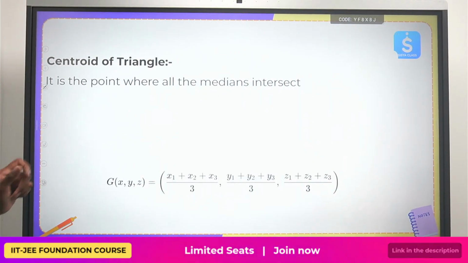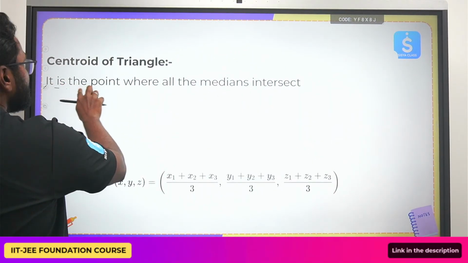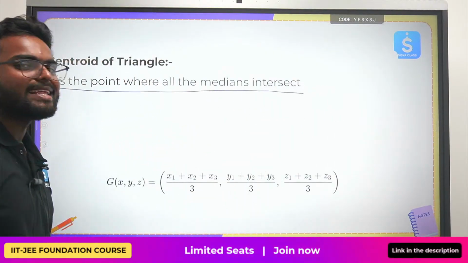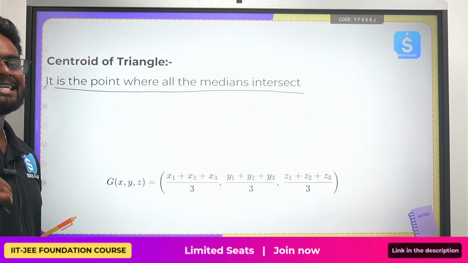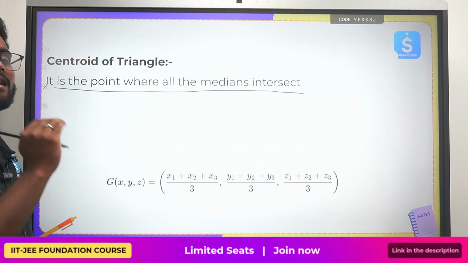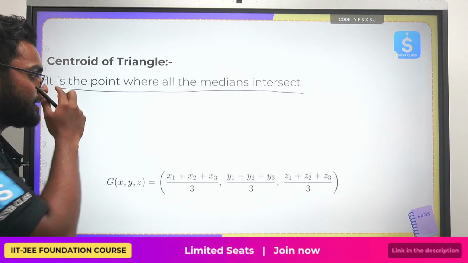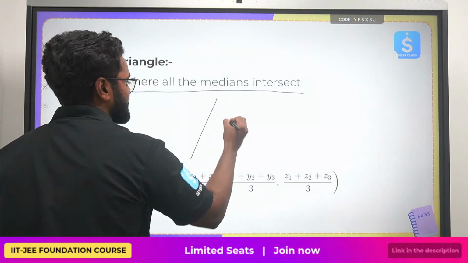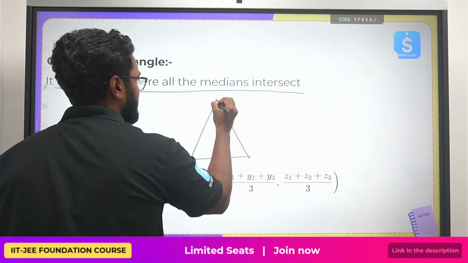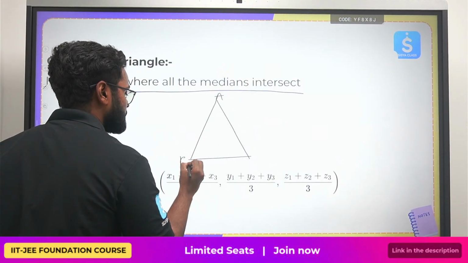Coming to the centroid of a triangle, it is the point where the medians intersect. What is a median? A median is a line segment joining a vertex to the midpoint of the opposite side, right? Let us take a triangle ABC.